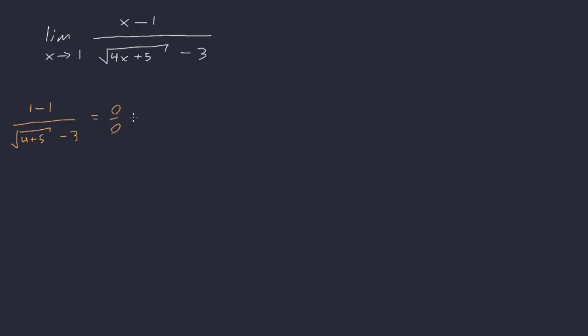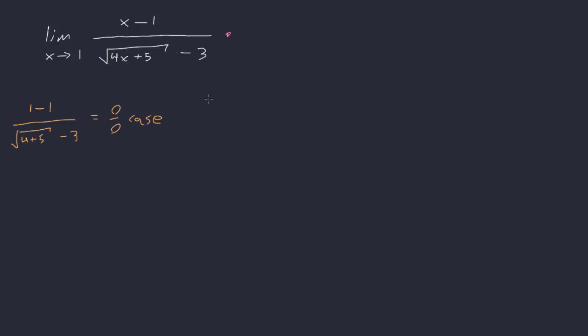That's another 0 over 0 case. Okay, so yes, we can factor this possibly in a way to make it look like this, but it's not going to be completely routine, right?